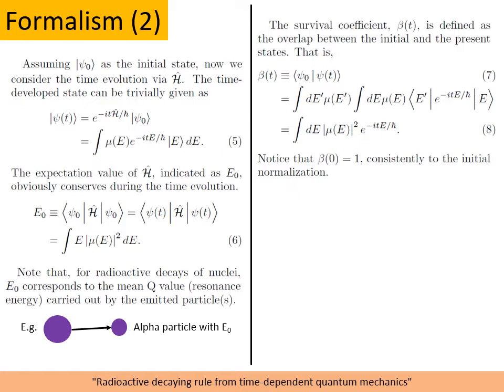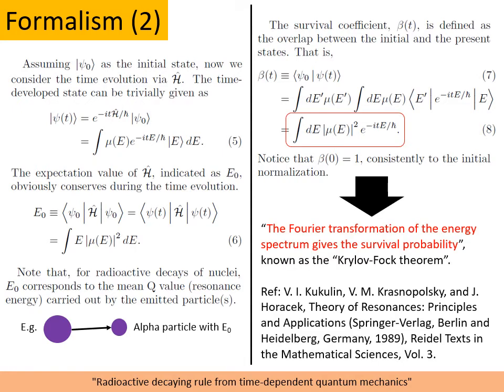And also notice that β at t=0 is 1, consistent with the initial normalization. This statement, that the Fourier transformation of the energy spectrum gives the survival probability, is well known as the Krylov-Fock theorem. For more details, please see this textbook by Kuklin and Dorr.